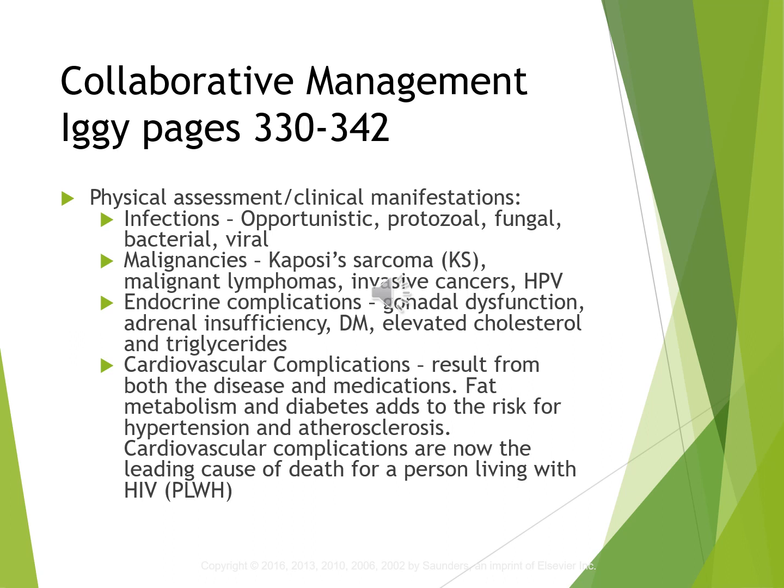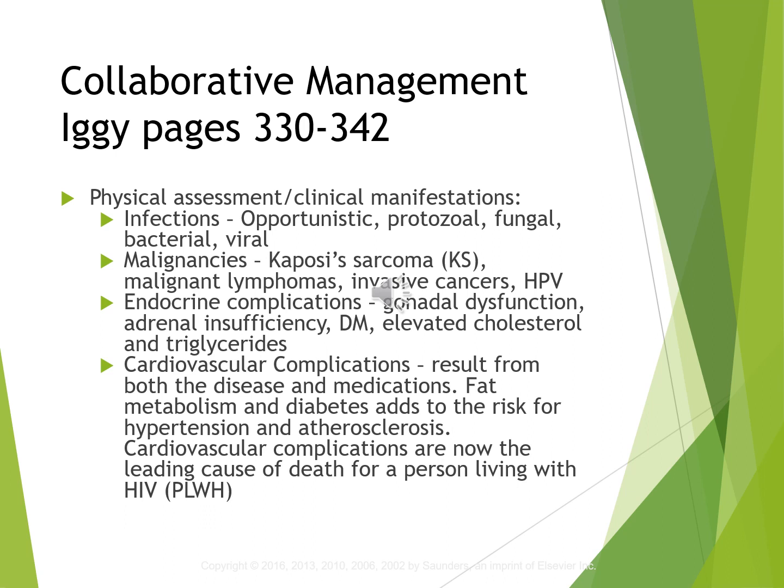They can develop endocrine complications, gonadal dysfunction. They can have adrenal insufficiencies. They may develop diabetes, and also cholesterol and triglycerides can be affected, so they may be elevated, which definitely puts them more at risk for cardiovascular complications. As you can see down here, it talks about that results from both the disease and from the medications.